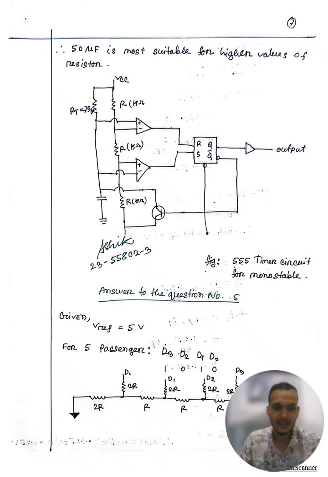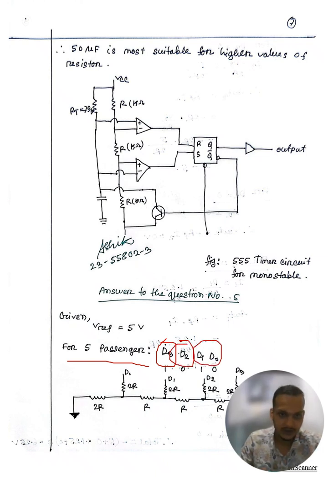In question 5, they ask to show the DAC output voltage representing the passenger count 5 in the train. Assume a 4-bit DAC, and for the count of 5 passengers, definitely here are 4 inputs, and this is our desired R2R ladder circuit.